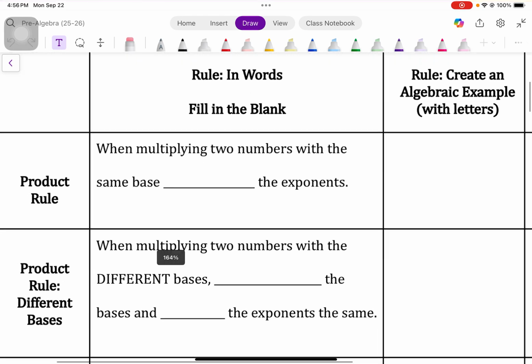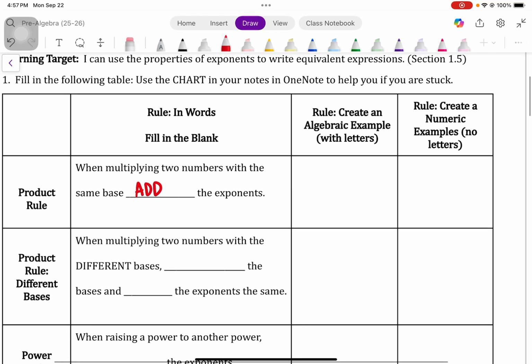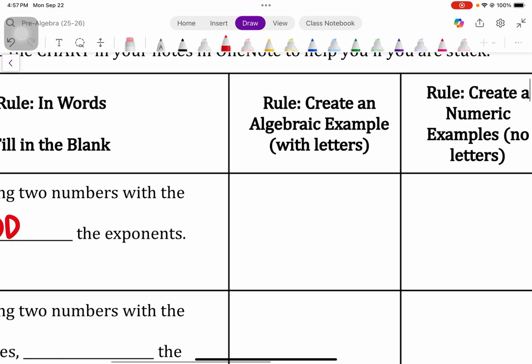So the first thing we're going to do is fill in the blank for the rule. For our product rule, when multiplying two numbers with the same base, we are going to add the exponents. So what that would look like is if we had algebraic a squared times a to the third, and this is just an example.